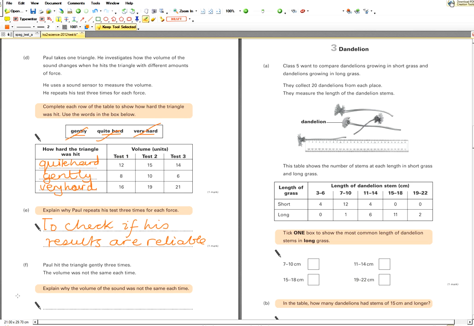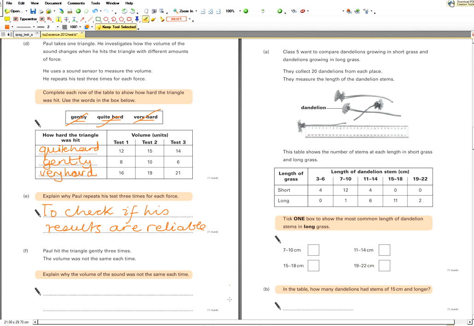Let's write that down. Should we move the page down a bit so we get some extra space? So it is hard to hit the triangle with exactly the same force each time.